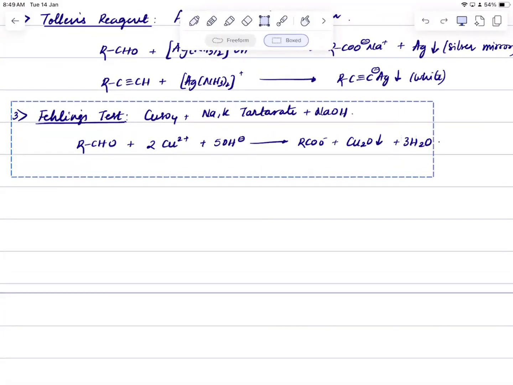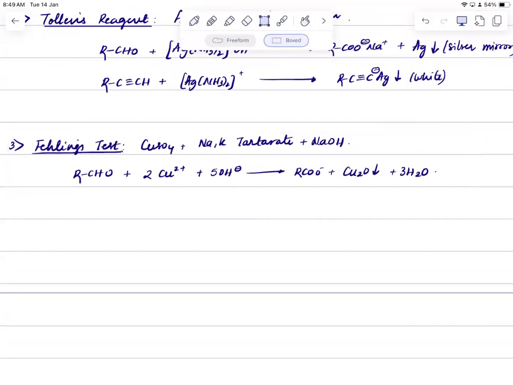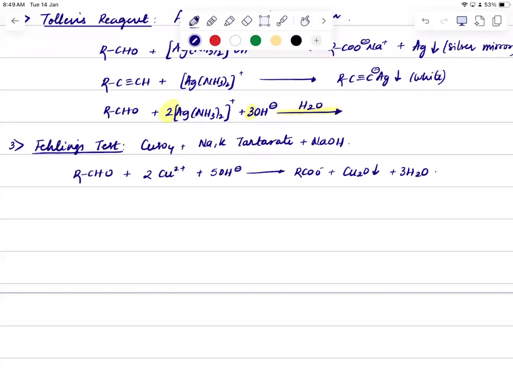In the first case, if you notice, the balanced equation for the Tollens reagent is with 3 moles. That is, RCHO, this aldehyde, plus 2 moles of silver ammonium complex. This is very important: how many moles we are using per molecule. Per molecule, I am using 2 moles with 3 OH-, and with water we are getting RCOOH.